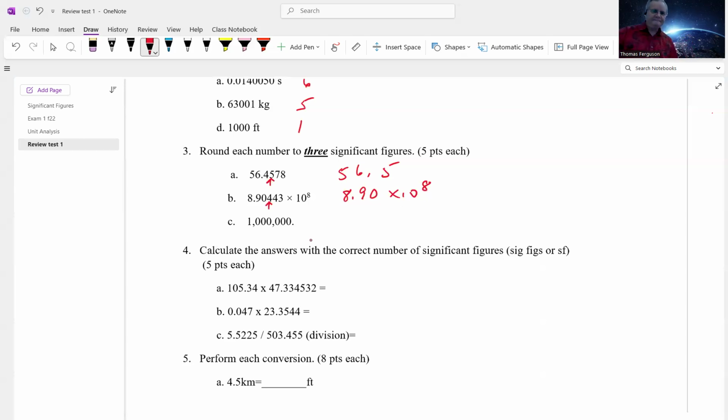Now, C is tricky. Why is C tricky? How many sig figs does that have? 7, right. And we want to round that down to 3. Scientific notation is our friend. That's the only way to do this problem. Does everyone understand why we're forced to use scientific notation on C?